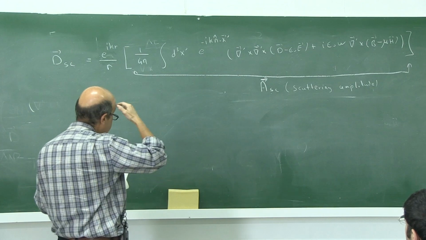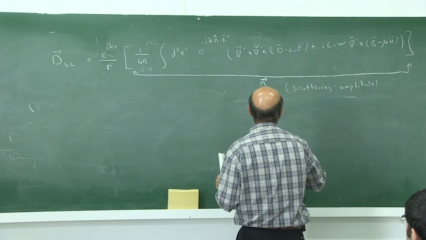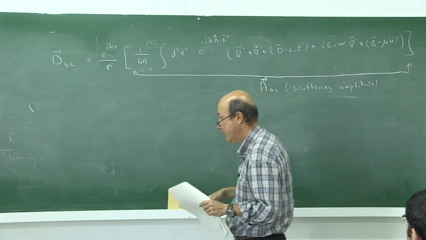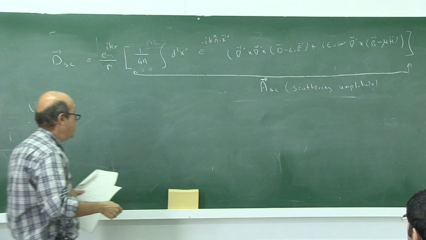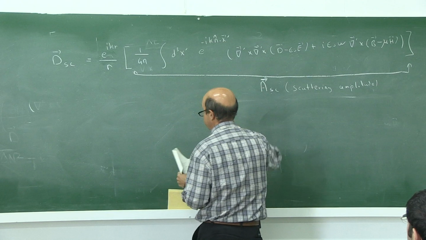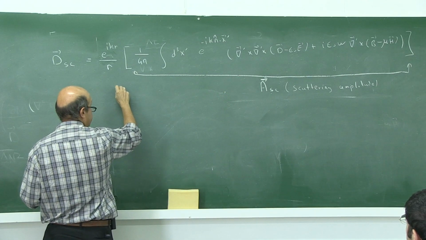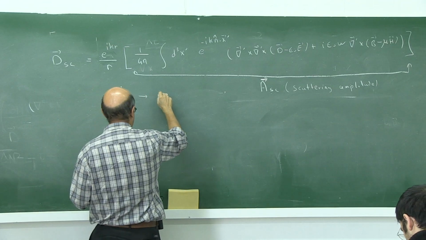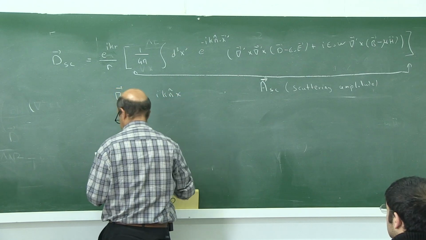So basically D and E and H should be in exponential form, and we can replace the curl operator with the ik cross. So let us do this. Let us replace the curl operator with ik n hat cross.